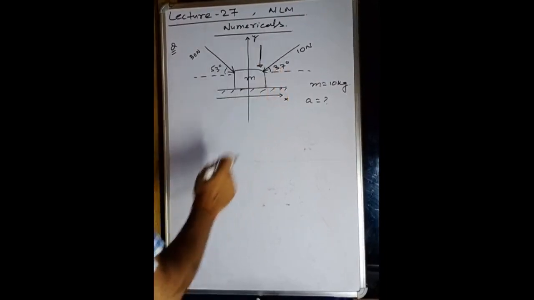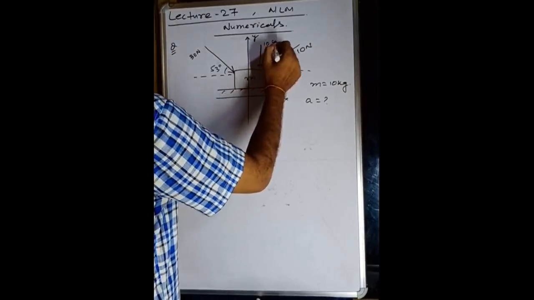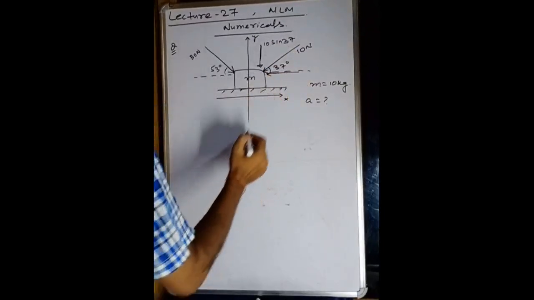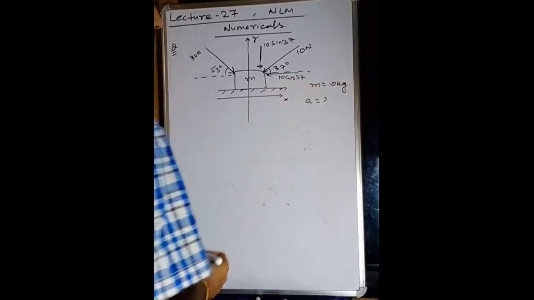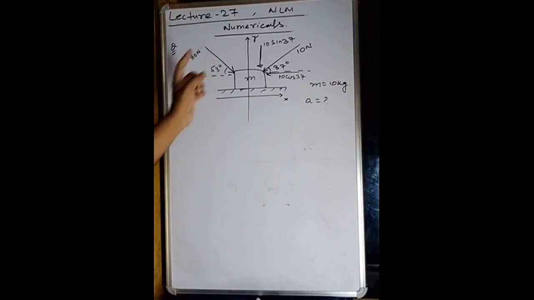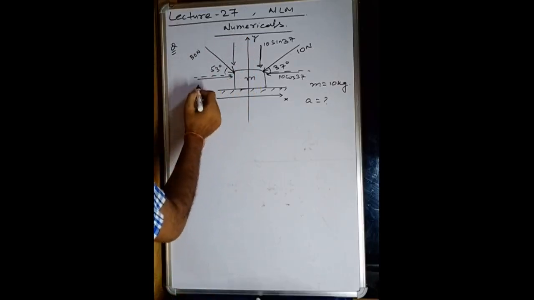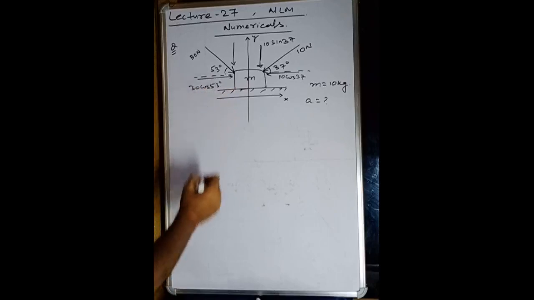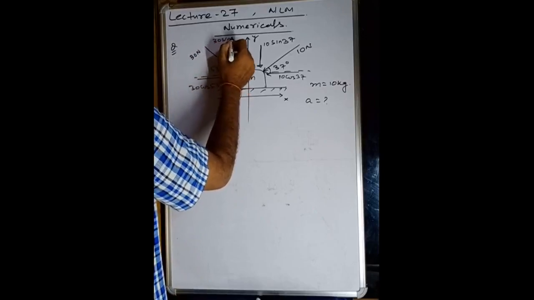The components of this force will be 10 sine 37 and one component will be in this direction, it is 10 cos 37. In the same way, this will also have two components, it is 30 cos 53 and this is 30 sine 53.